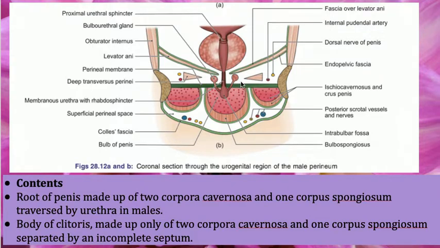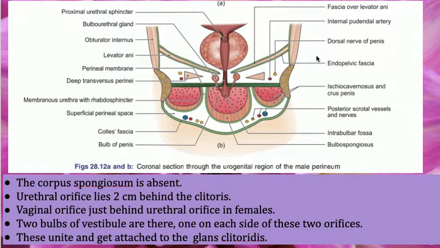This is a male perineum. Okay, this is the bulb of the penis, right? In females, we will have the body of the clitoris made up of only two corpora cavernosa that are separated by an incomplete septum, right? So this is the first content of the superficial perineal pouch.